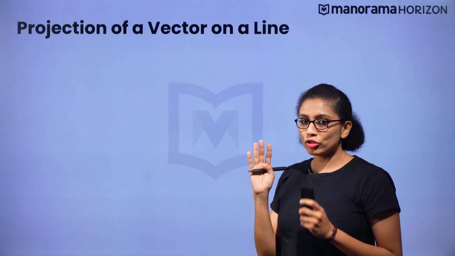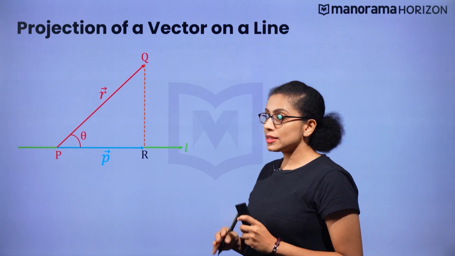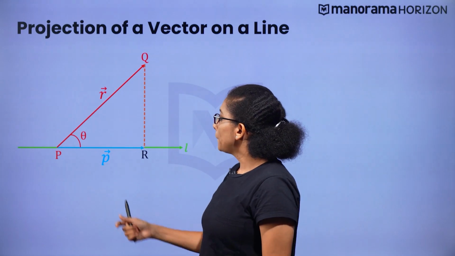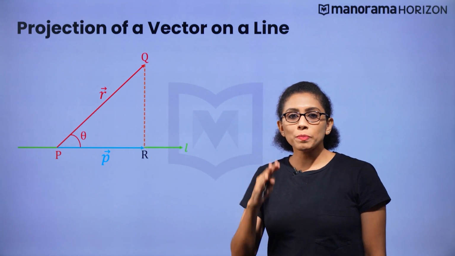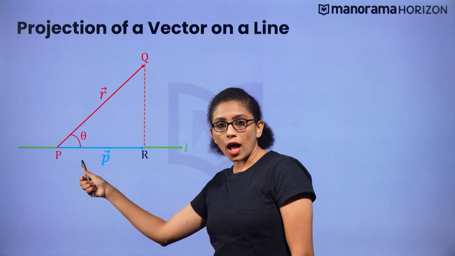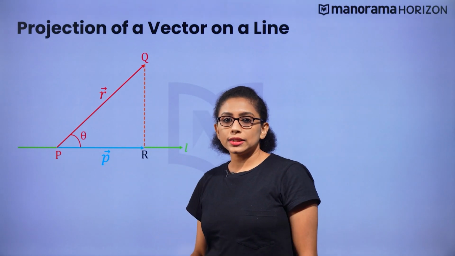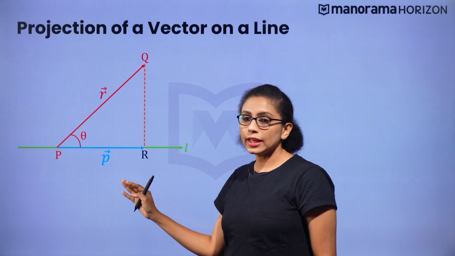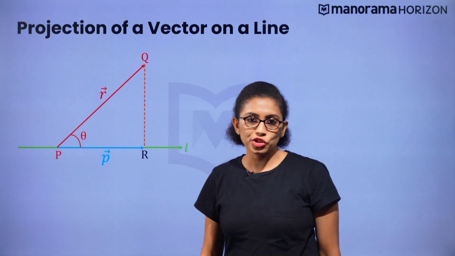For that we have to consider a figure. Let us consider a vector PQ which makes an angle theta with a directed line L in the anti-clockwise direction.